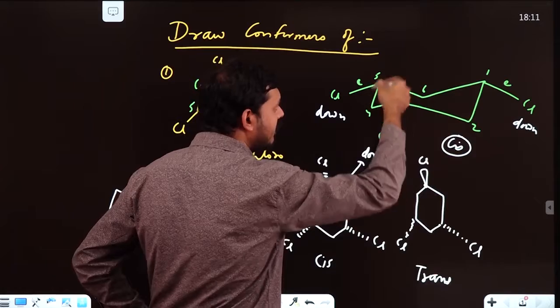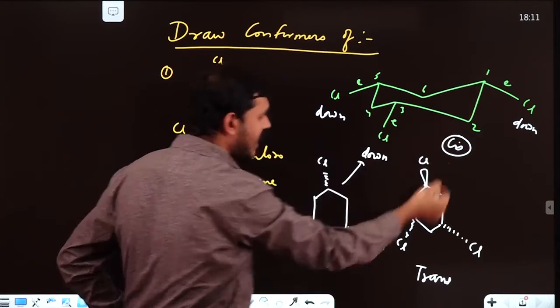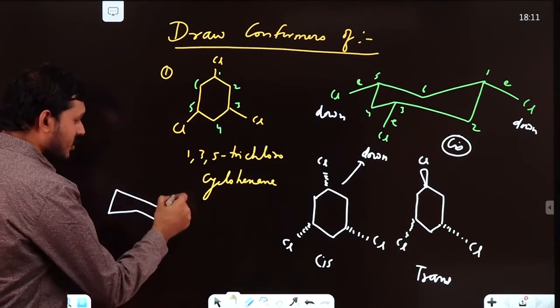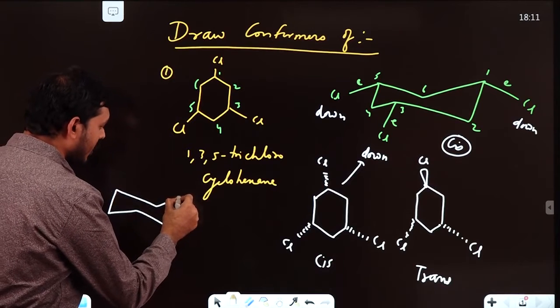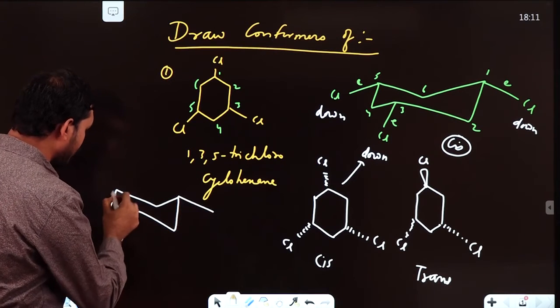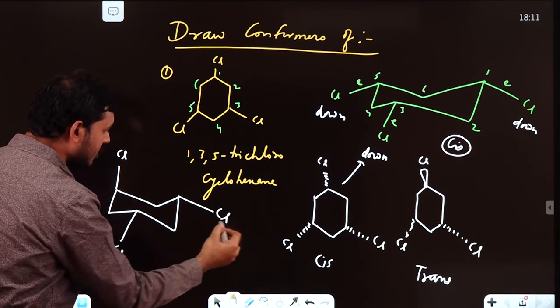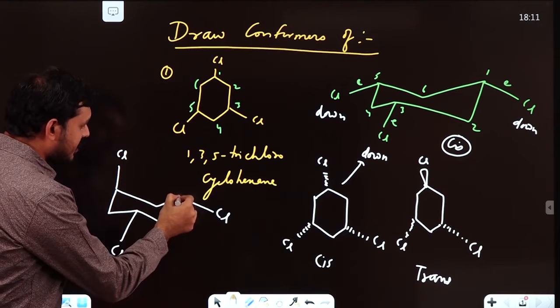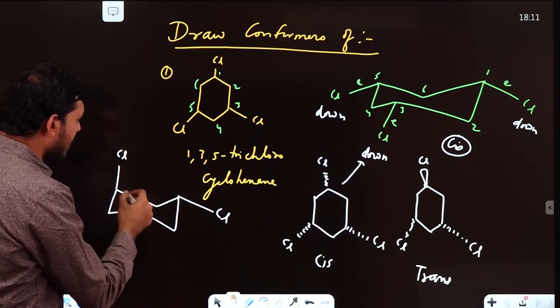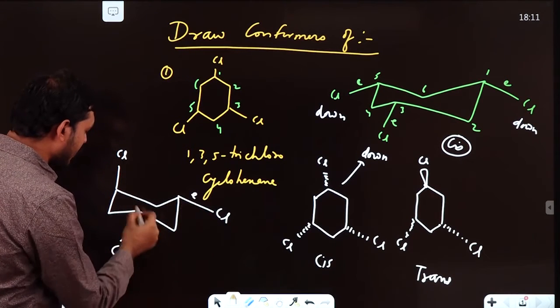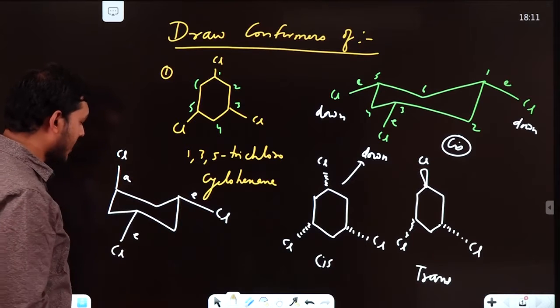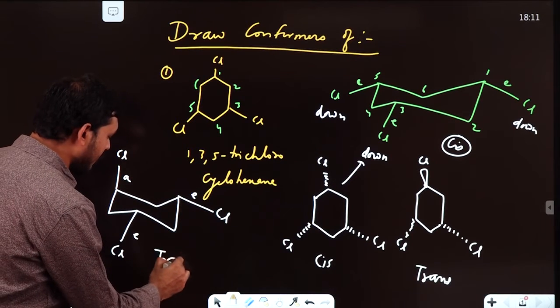So taking any one of these upside, I can make the trans form, right? So simply down, down, and this will be up, chlorine. So this is your trans form, because these two chlorines are on the downside and this one on the upside. This is equatorial, equatorial, and axial. Okay, so this is your trans form.